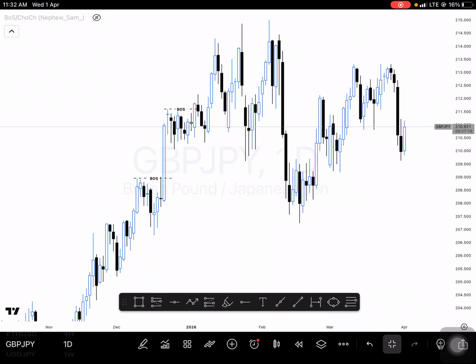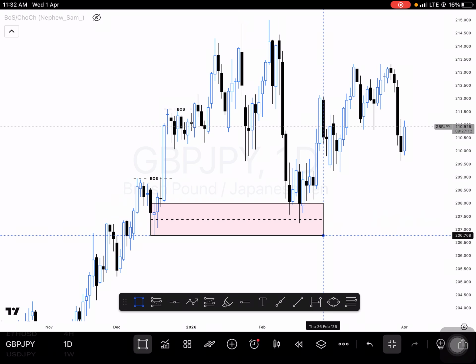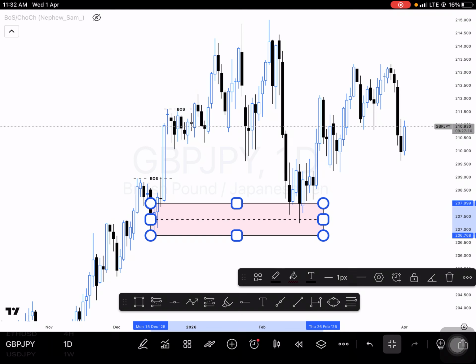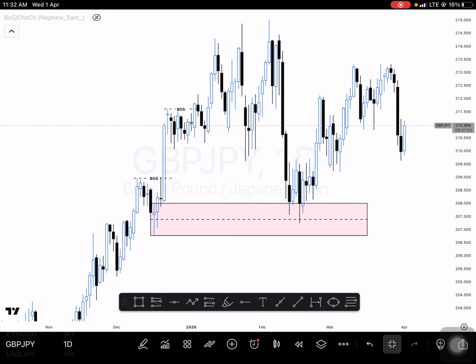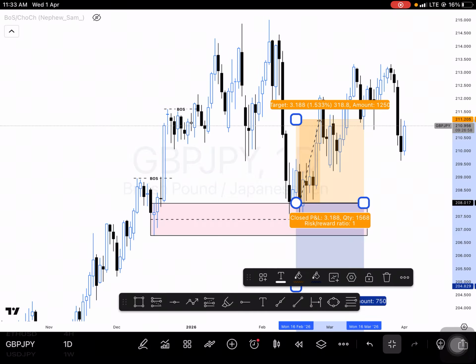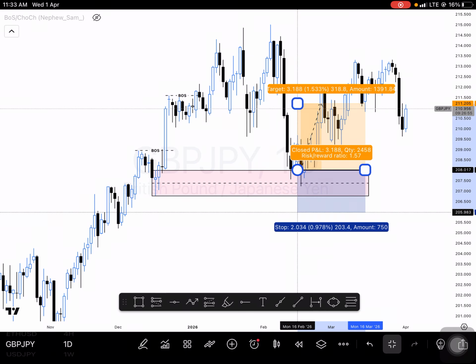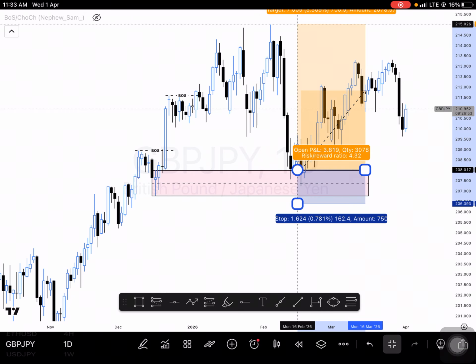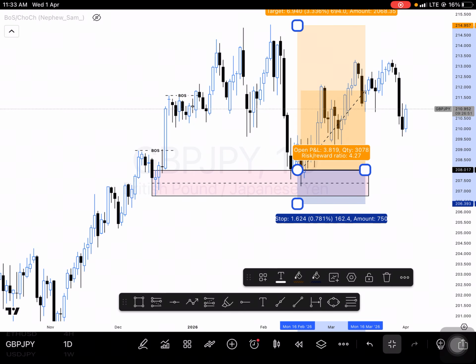So after this break of structure to the upside here on the daily time frame, you can see that currently price is reacting off the order block that caused that movement to the upside. Price is reacting off that order block, which means we should be expecting the market to move from here to this upside, to give us another higher high.